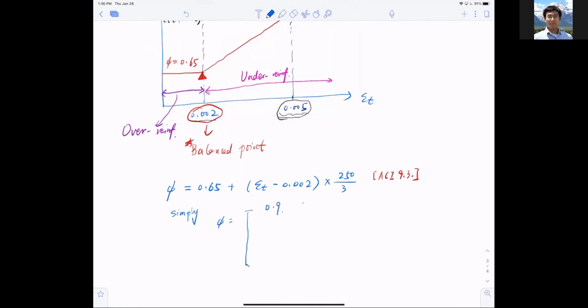when epsilon t is bigger than 0.005. And this is called the tension controlled case. And phi equals 0.65 when epsilon t is smaller than 0.002, and this is compression controlled.